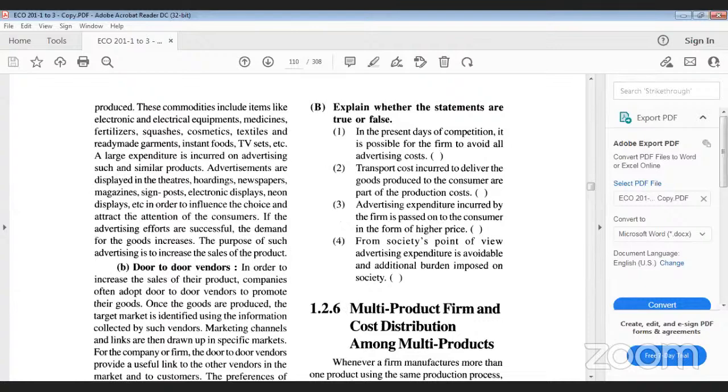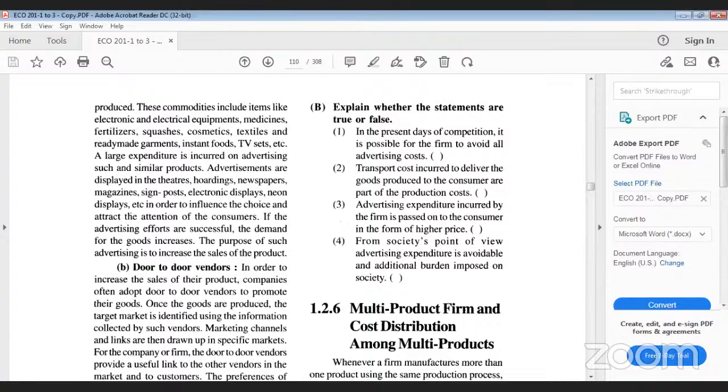Door-to-door vendors: in order to increase the sales of their products, companies often adopt door-to-door vendors to promote their goods.